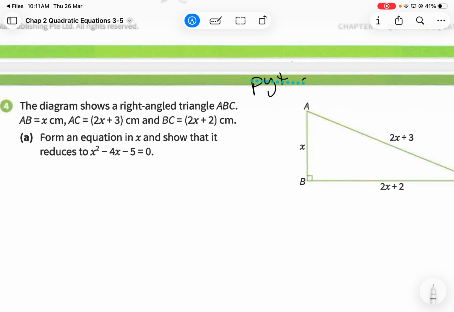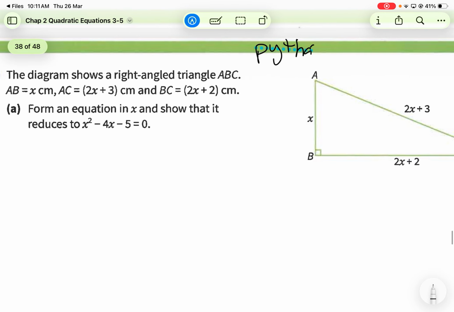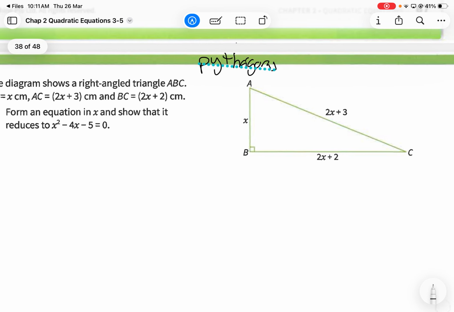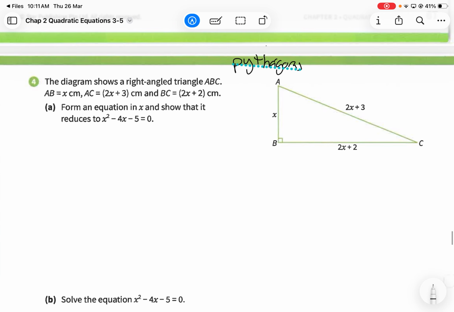What's that? Pythagoras is a person. Okay? Okay. Hey, you all want to shift your seats or not? Keep talking. Then talk.